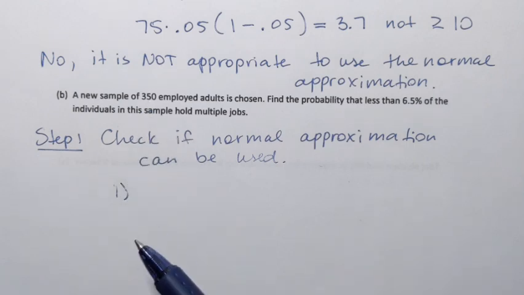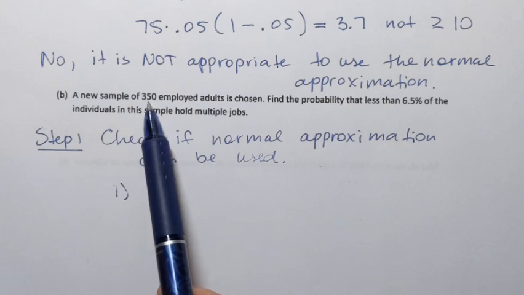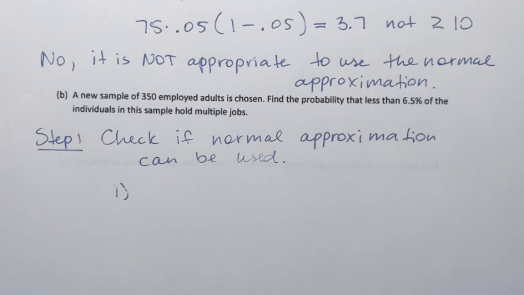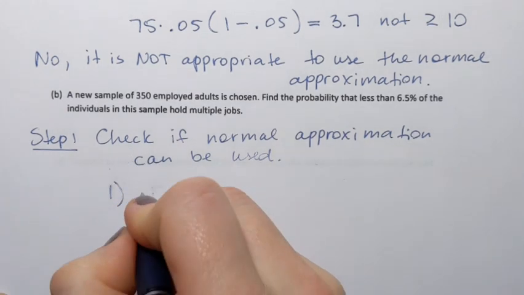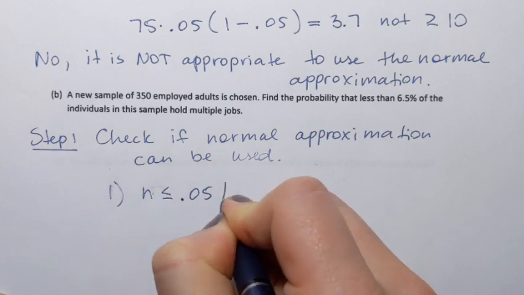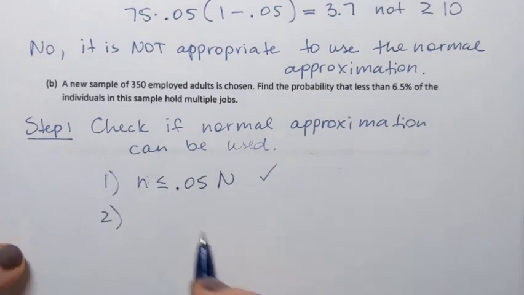And again, we're going to use just the common sense here that definitely 350 employed adults is less than 5% of the entire population of employed adults in the United States, since these are tens of millions. So I'll just simply say that n is less than or equal to 0.05 N. So that's satisfied.